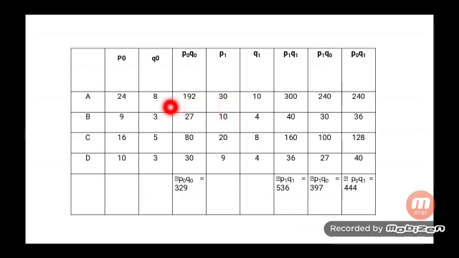30 into 8 is 240. 10 into 3 is 30. 20 into 5 is 100. 9 into 3 is 27.